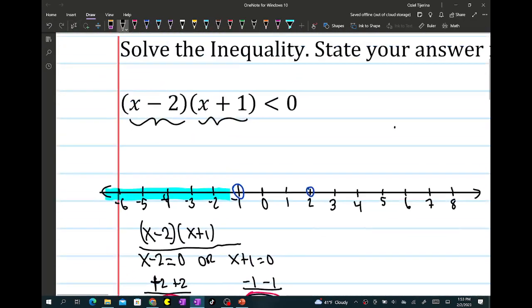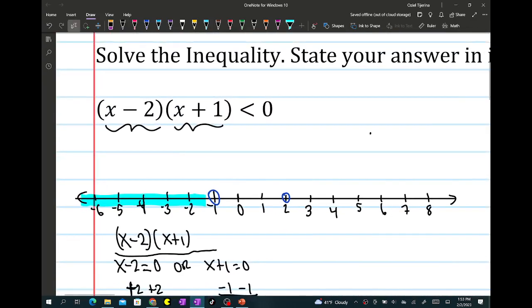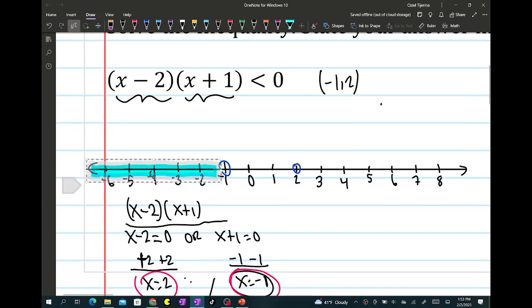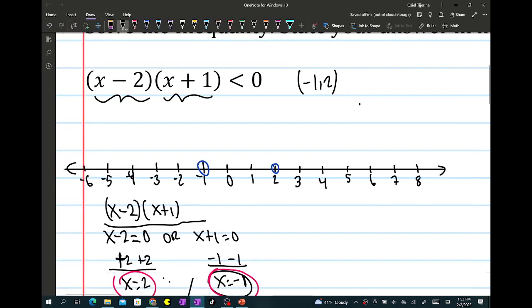So really the solution to this inequality is going to be from -1 to 2. Now, to graph it on the number line, we have an open circle at -1 and an open circle at 2, and it's from -1 to 2.